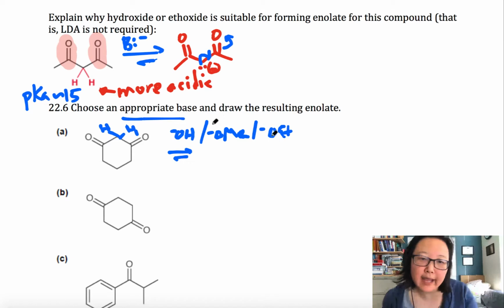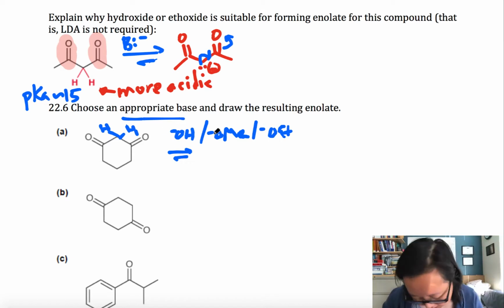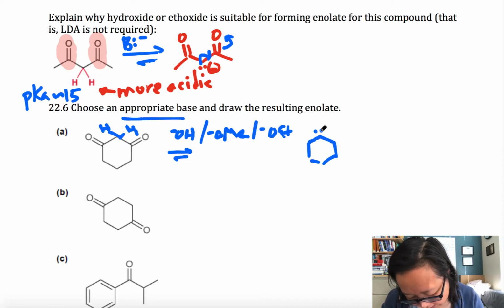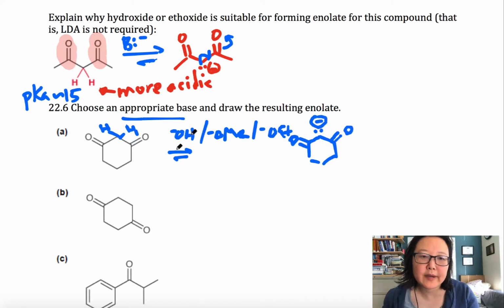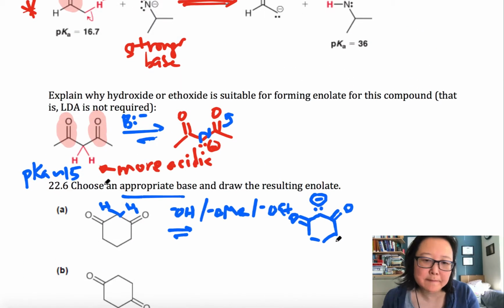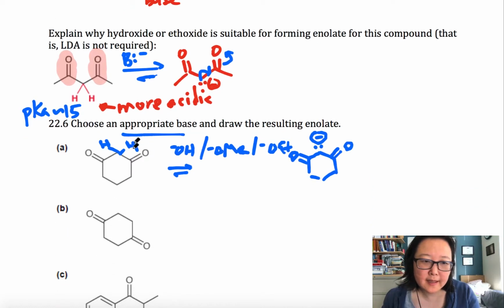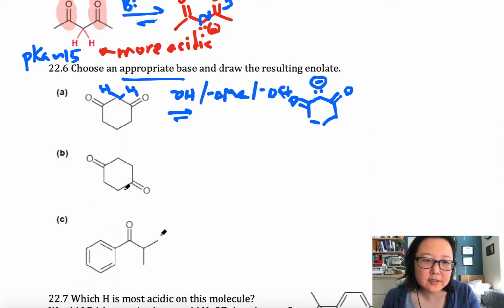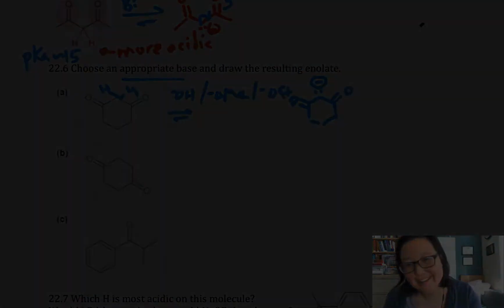Okay, and I'm writing their anion, but of course you could have a sodium counterion or potassium counterion. Just be used to KOH, NaOH, KOMe, NaOEt. Any of those are fine. So there's the first one. I can use any of these bases, and even though they're weaker bases than LDA, that's sufficient because these are more acidic. So, okay. Now you guys try these and we'll come back and check our answers.